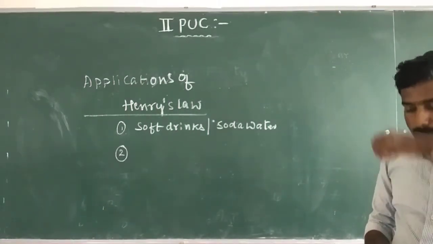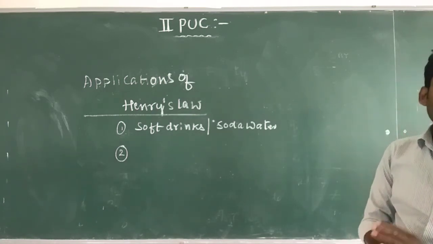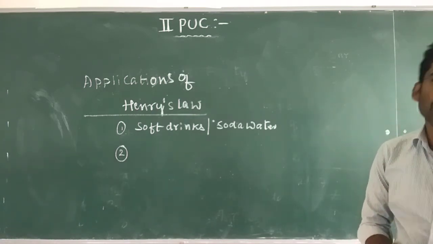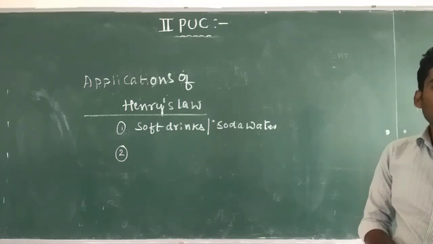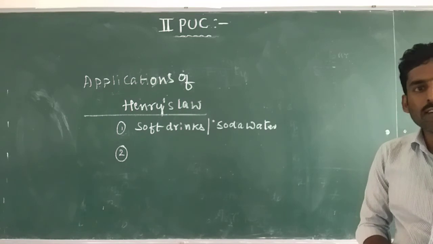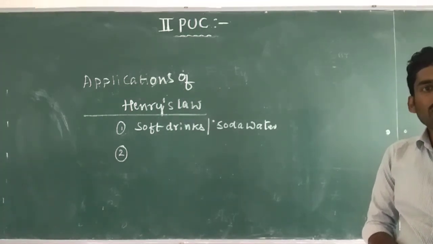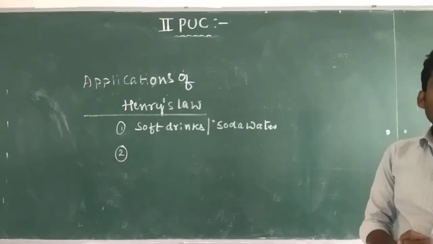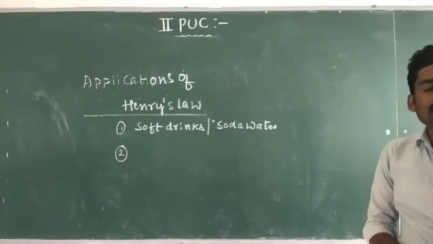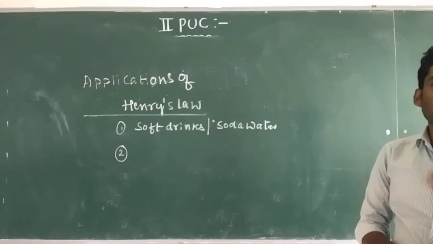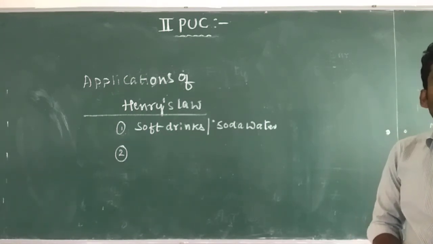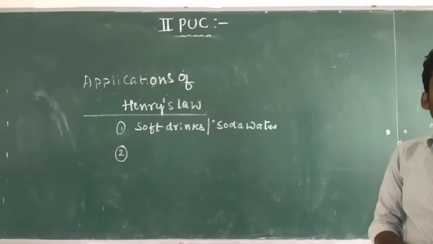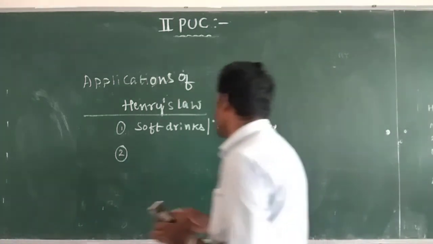So the people who are living at higher altitudes suffer from a lack of dissolved oxygen, because at higher altitudes less oxygen is dissolved in their blood. Because of that lower concentration of oxygen in the blood and blood vessels, they suffer from a disease called anoxia.